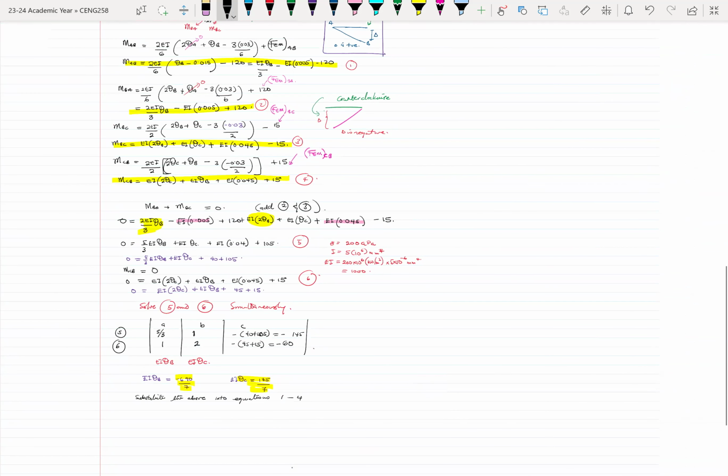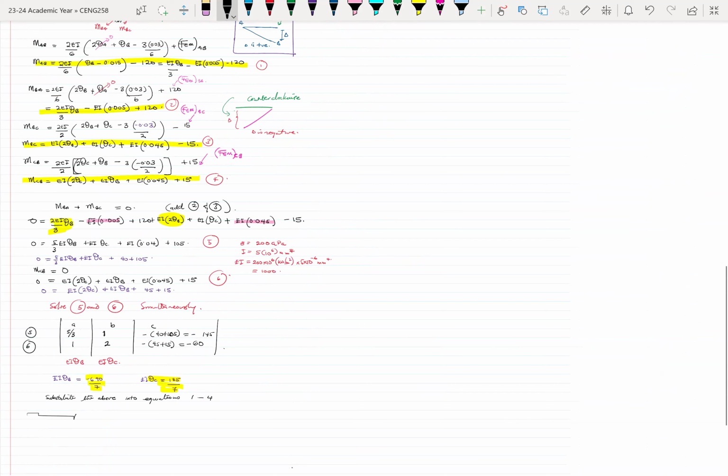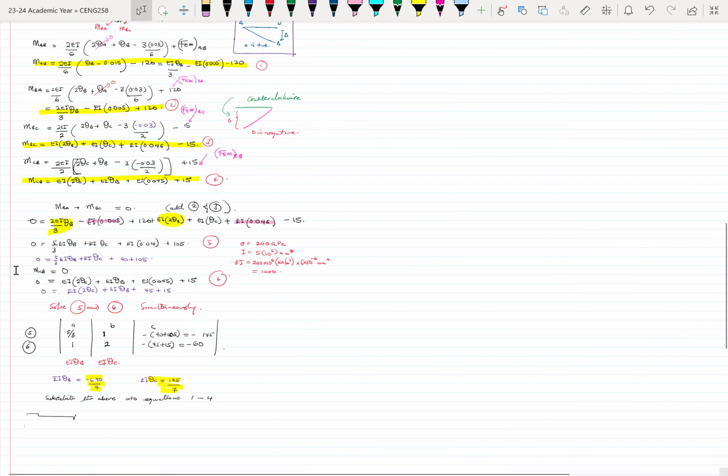So for equation 1, it's going to be, let's try to see if I could quickly copy it. That'll be MAB.